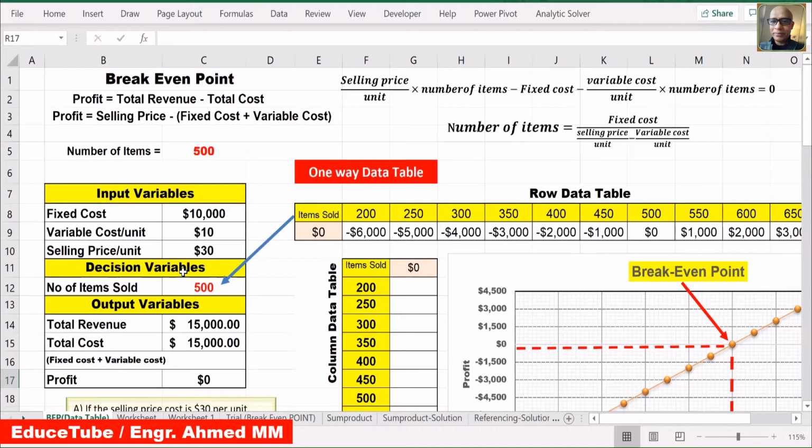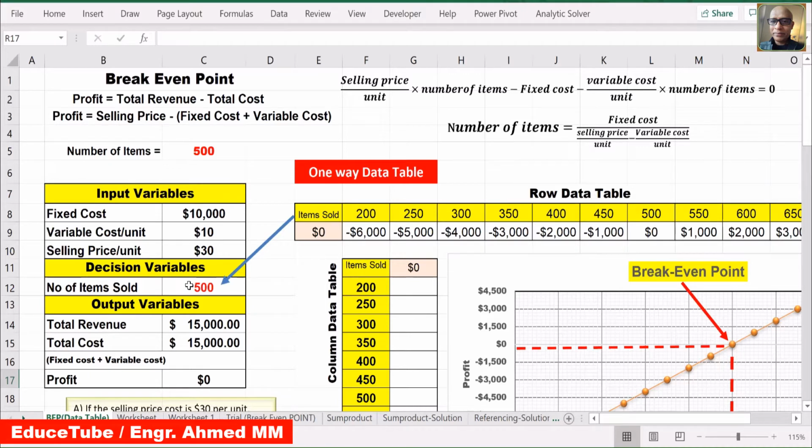In this regard, we have to do sensitivity analysis through one-way data table or two-way data table. Actually, my target is to develop insights in the business problem and to find a solution for this business problem.